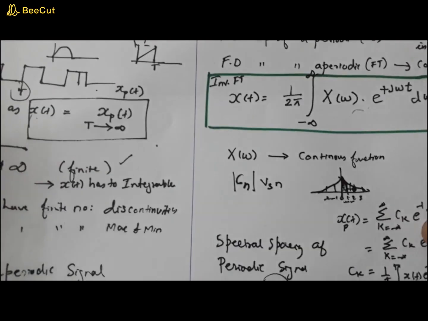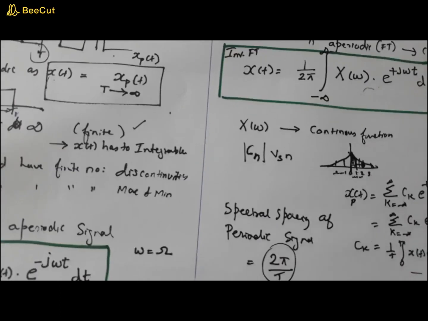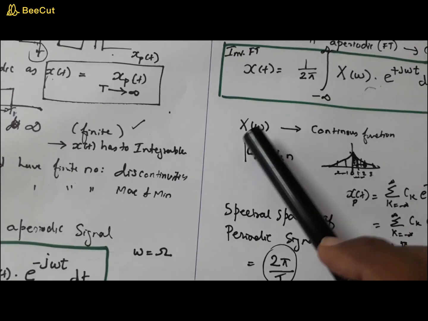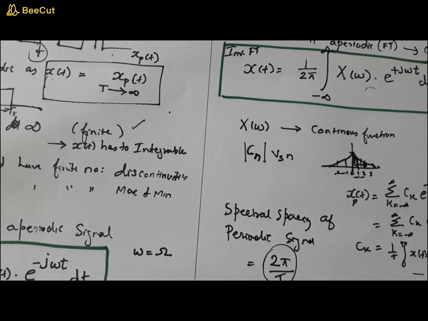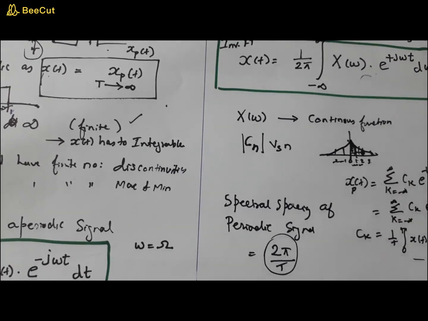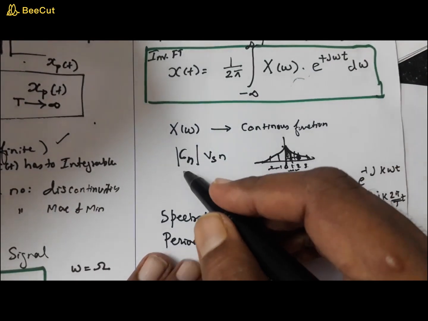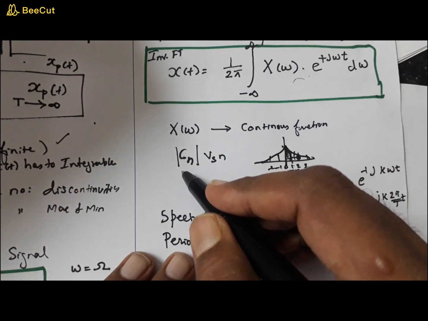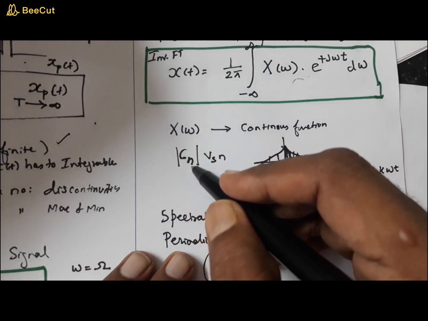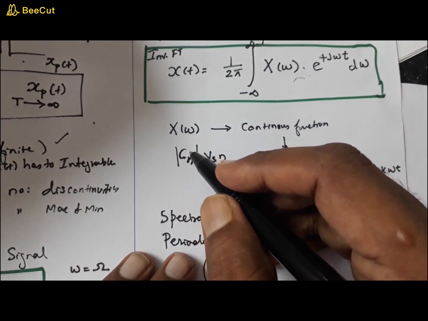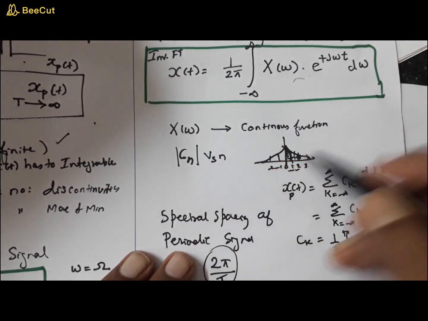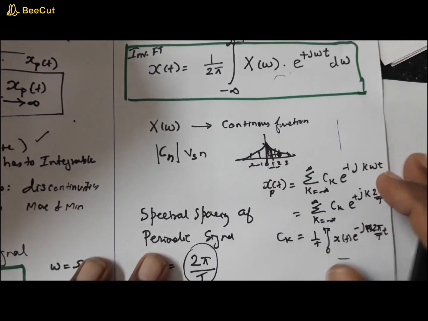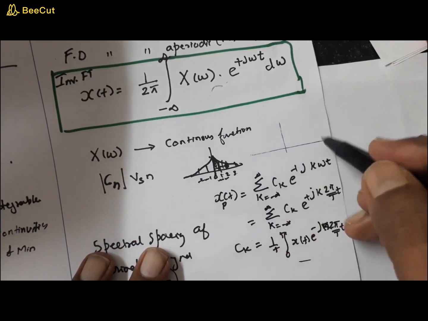Now let's have some more about this X of omega. I have already mentioned that X of omega is a continuous function. Now when you consider a periodic signal, you know that in the Fourier series representation you will be able to find out Cn. Once Cn is known, you can draw Cn versus n.